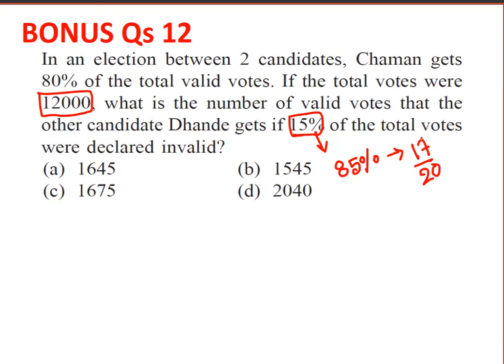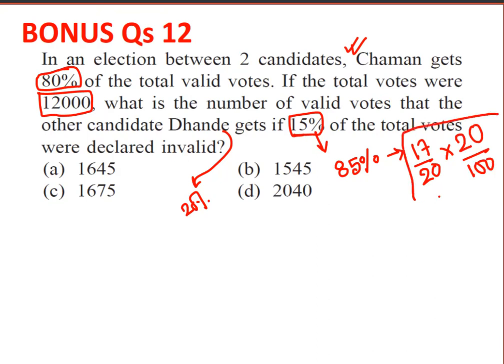Now I also know that 80% of this is Chaman's. So basically Dhande is 20% of this. So I can write it down like this. And if I multiply this with 12,000, of the total votes, then hopefully I will get the value.